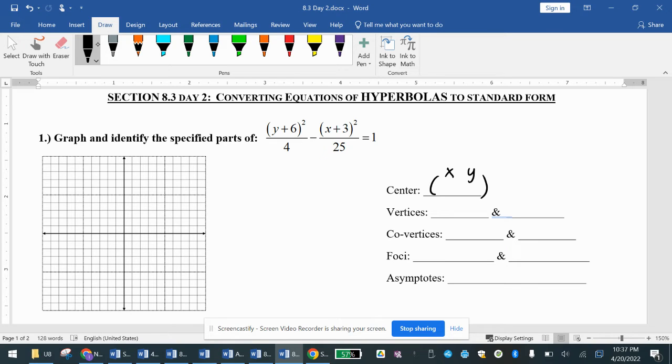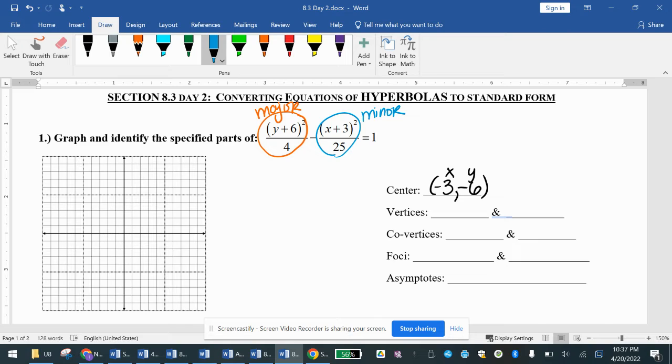So be careful, because they actually gave you the major axis first, which is the y-axis, but make sure you put that as the y value of the center, okay? So the center is not -6, -3, it's actually -3, -6. So the minor axis is the x-axis, okay?